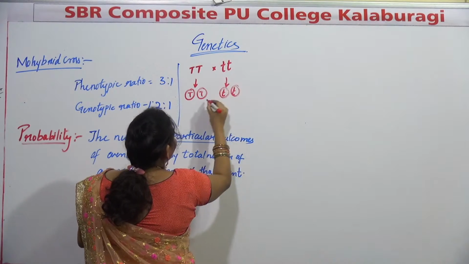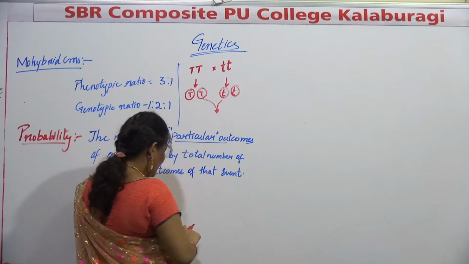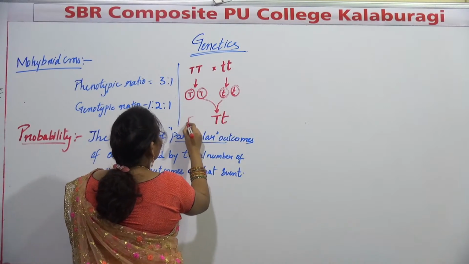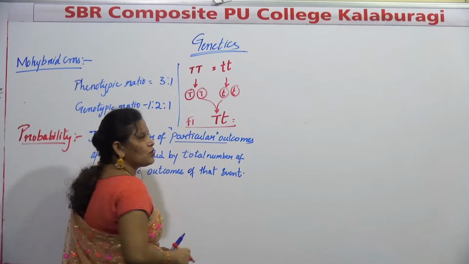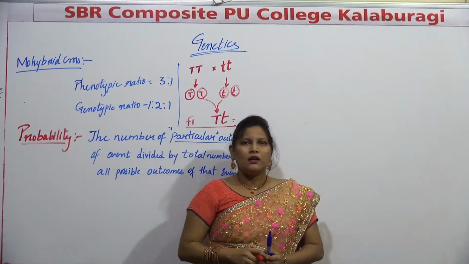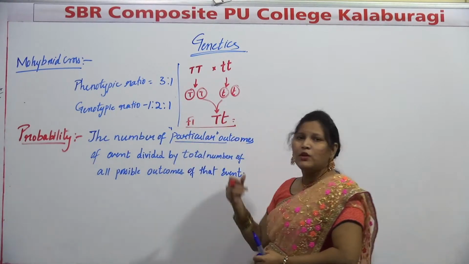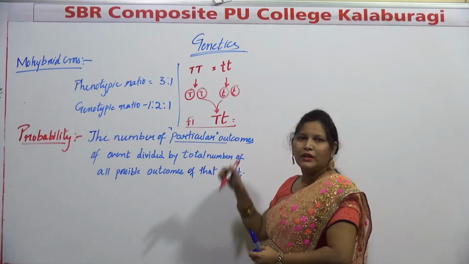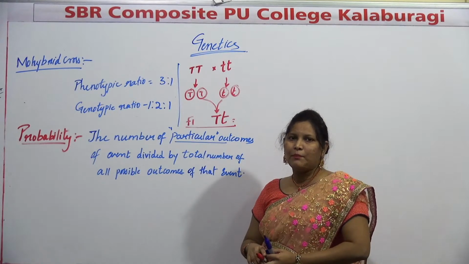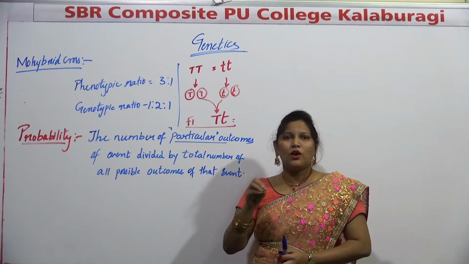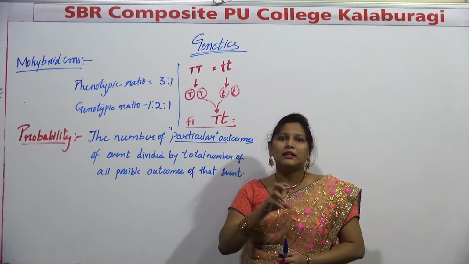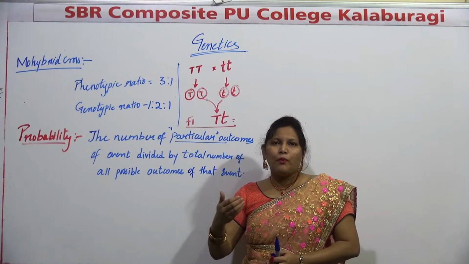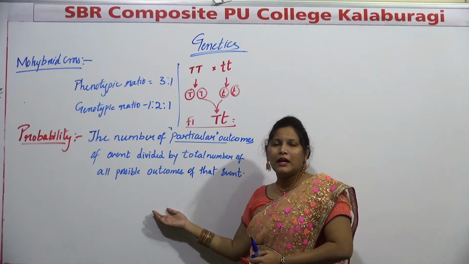And when these were allowed to undergo fertilization, it resulted in the F1 generation with capital T small t. So all the F1 individuals are heterozygous dominant. Now, when this F1 individual is producing the gametes, what is the probability of the gametes containing capital T allele?